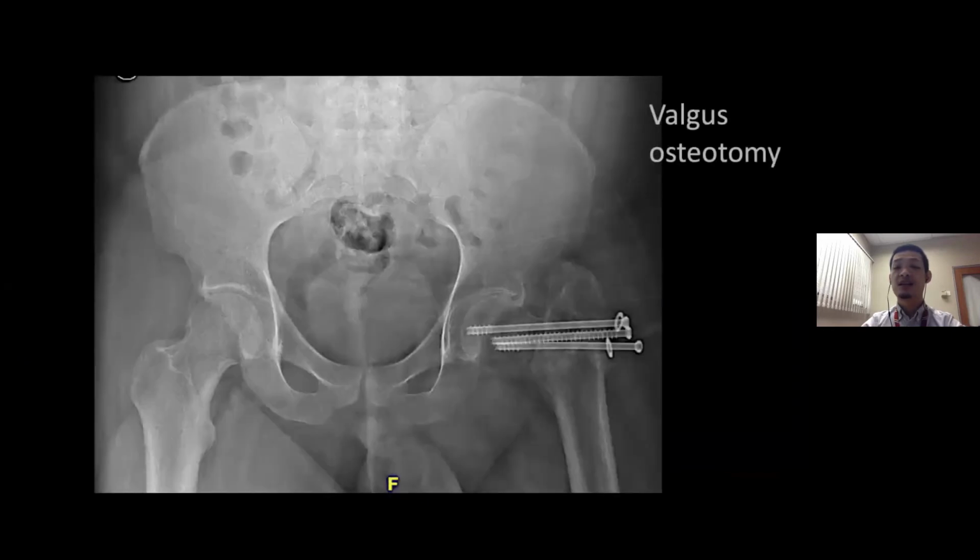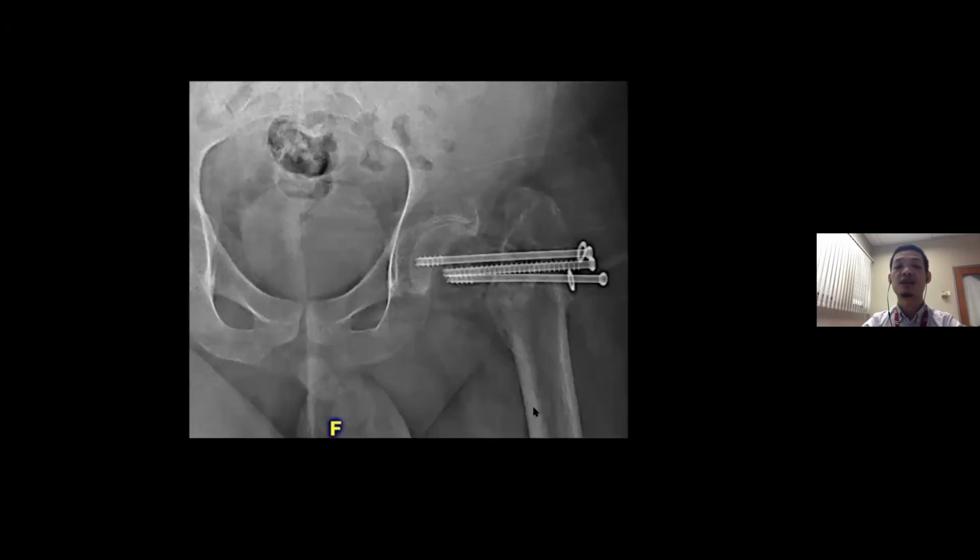This is the next patient. He's a young patient, 22 years old, but very, very obese. He hadn't been walking for the past 1 year before he came to see us, because he had a fractured neck of femur, and screw fixation was done, but it had failed, and he had non-union and also collapse of the fracture. You can see there's a different density of bone on the right compared to the left. It just shows that the patient has not been walking.